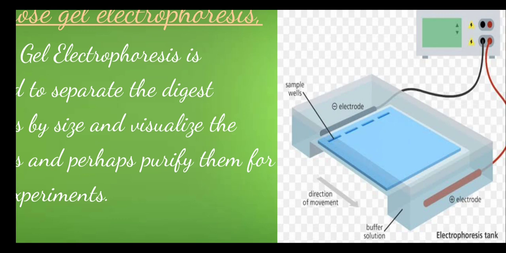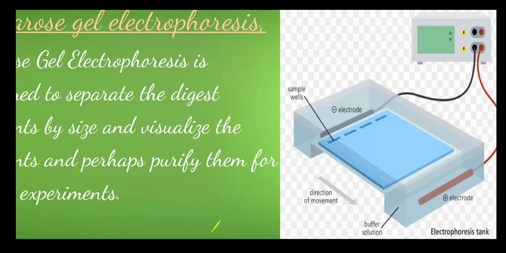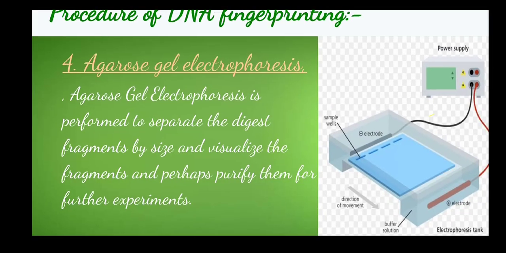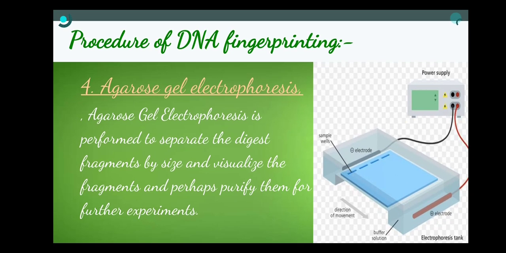In the mid portion, sky blue in color, is the agarose gel, and there are 4 wells on the agarose gel, by means of which we add a drop of the fragmented digested sequences. After adding the drop of sequence solution, we start gel electrophoresis by means of electric current.